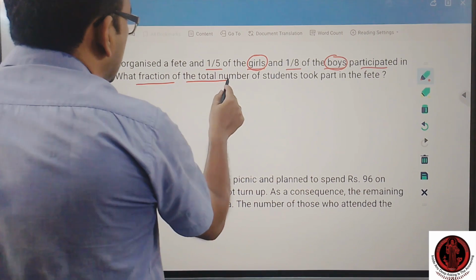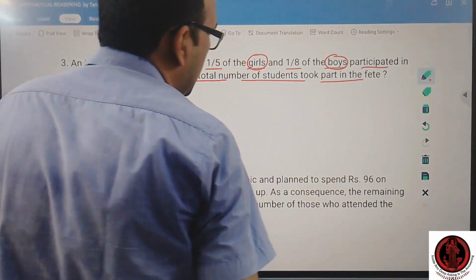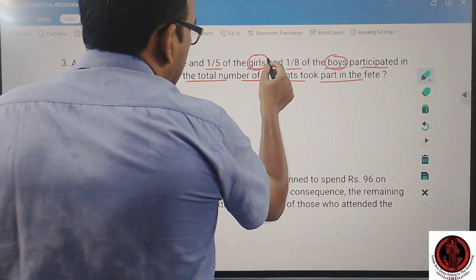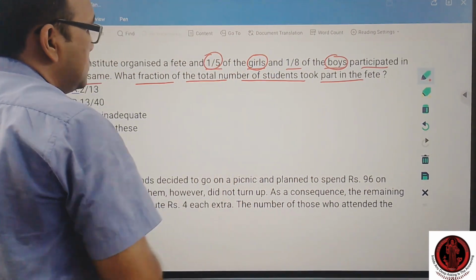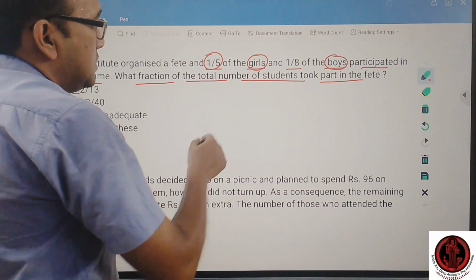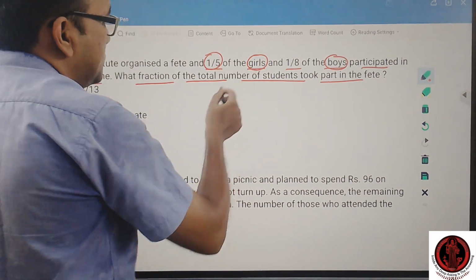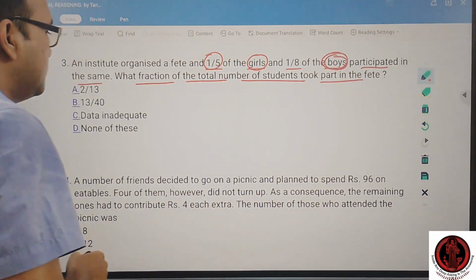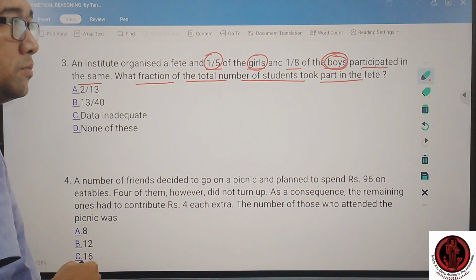What fraction of the total number of students took part in the fete? তাহলে যা আমার যত সংখ্যক মেয়ে ছিল তার 1/5। That means 1/5 of the total girls and 1/8 of the total boys participated in the fete, in that competition.